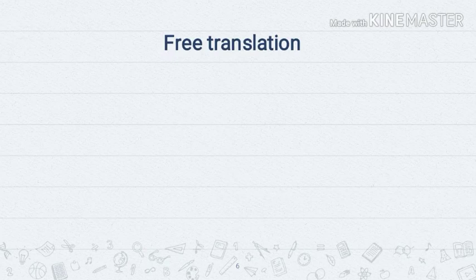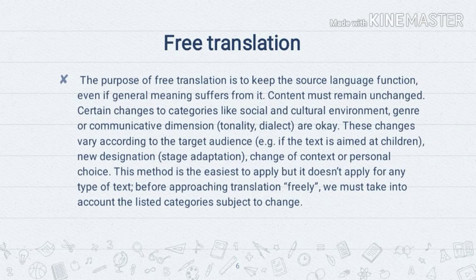Third is free translation. The purpose of free translation is to keep the source language functions, even if the general meaning suffers from it. Content must remain unchanged. Certain changes to categories like social and cultural environment, genre or communicative dimensions, tonality or dialect are okay.